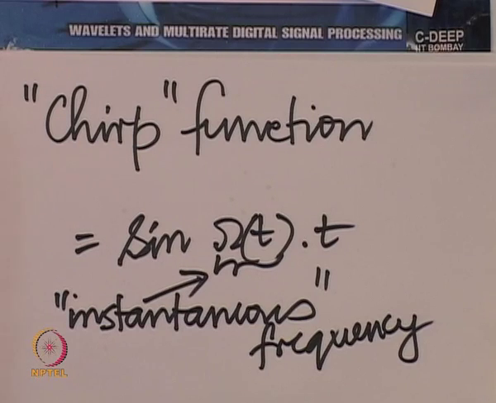Now, an important question in analyzing chirp functions that one encounters sometimes in radar or in sonar is trace this variation of the instantaneous frequency in time. And there the uncertainty principle hits hard.